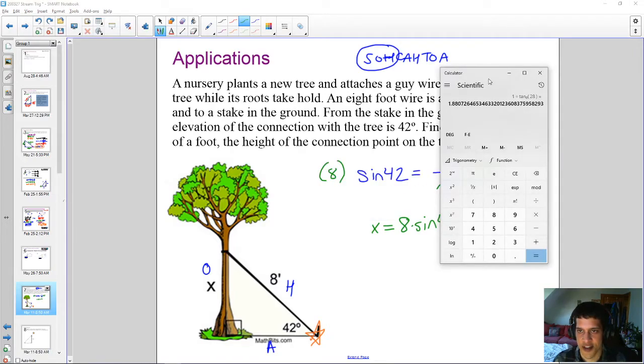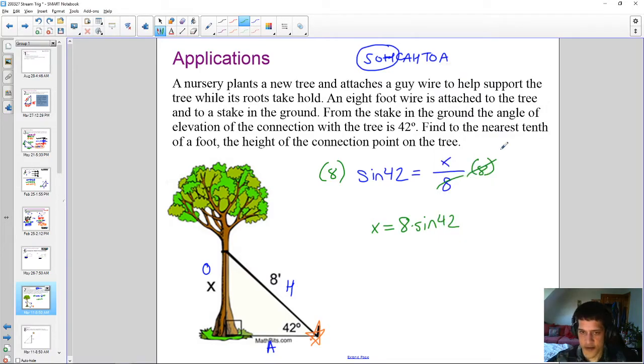Let's find that number. 8 times sine of 42 equals 5.35 feet. All right, see if that makes sense. It's definitely less than 8 feet. Yeah, okay, cool. That number seems to make some sense. Great.